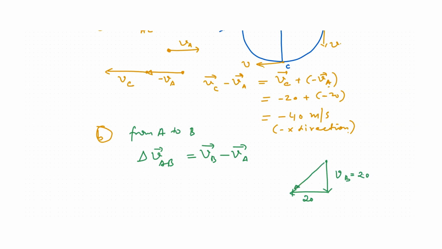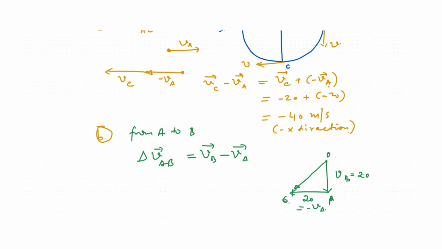So we can say that this is VB, let's represent it as O A and then OPQ. So this represents VB and this represents negative VA. So what is my final direction?